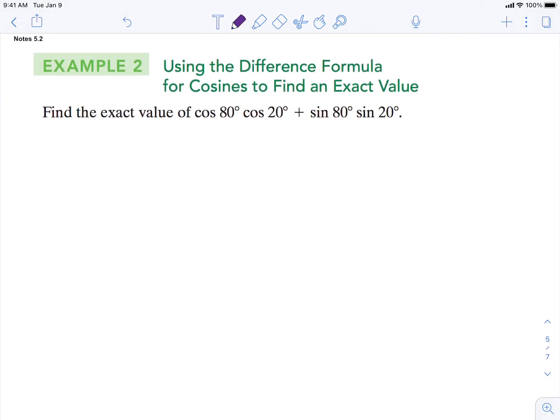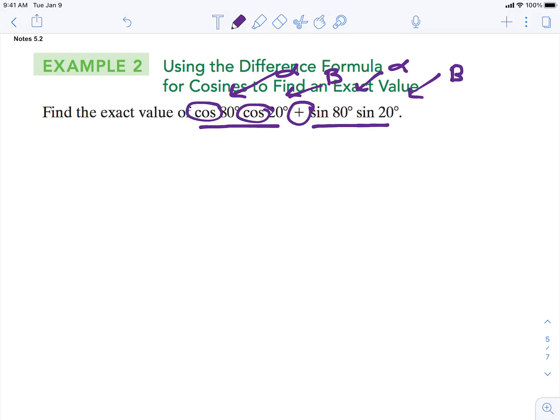So now we have the cosine of 80 degrees times the cosine of 20 degrees plus the sine of 80 degrees times the sine of 20 degrees. And we want to use our formulas above. So watch that we have an alpha and a beta, an alpha and a beta. And we have to pay attention to, we have a cosine times a cosine plus a sine times a sine.